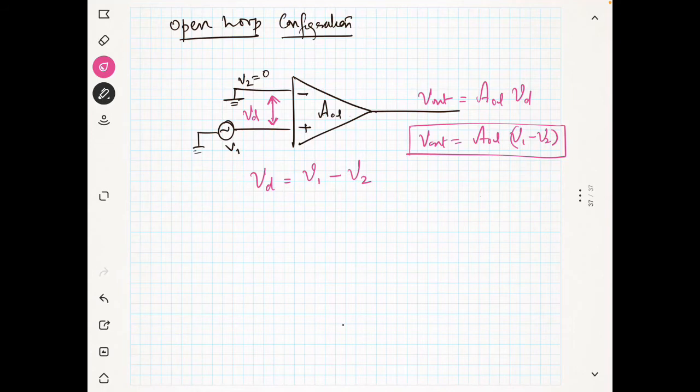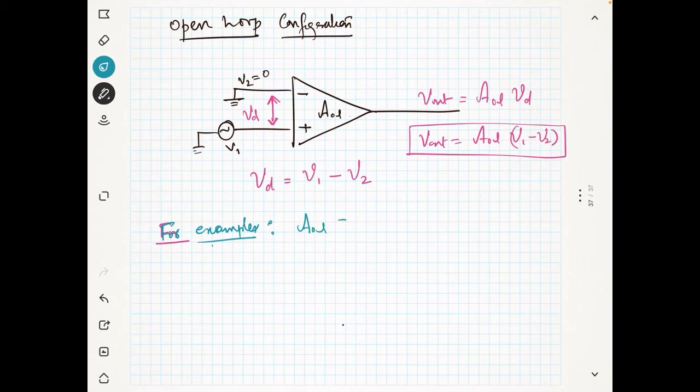Now let us consider an example. Please note this very carefully. For example, let us consider the open loop gain.